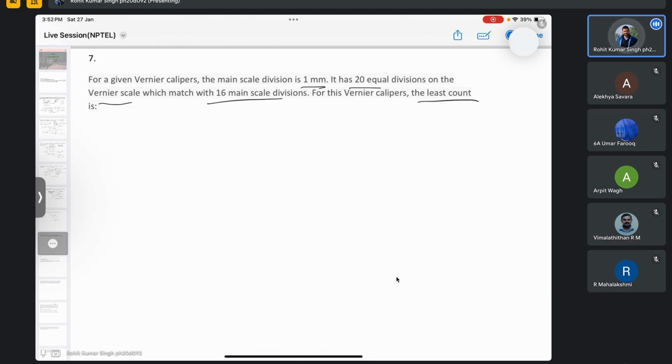Does anyone know the formula for least count, and what does the least count mean? Can anyone let me know? Minimum value which can be measured.